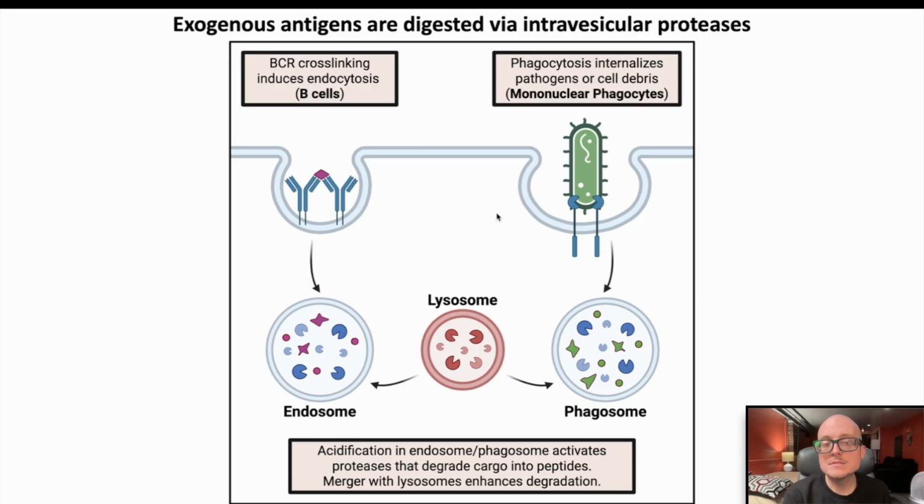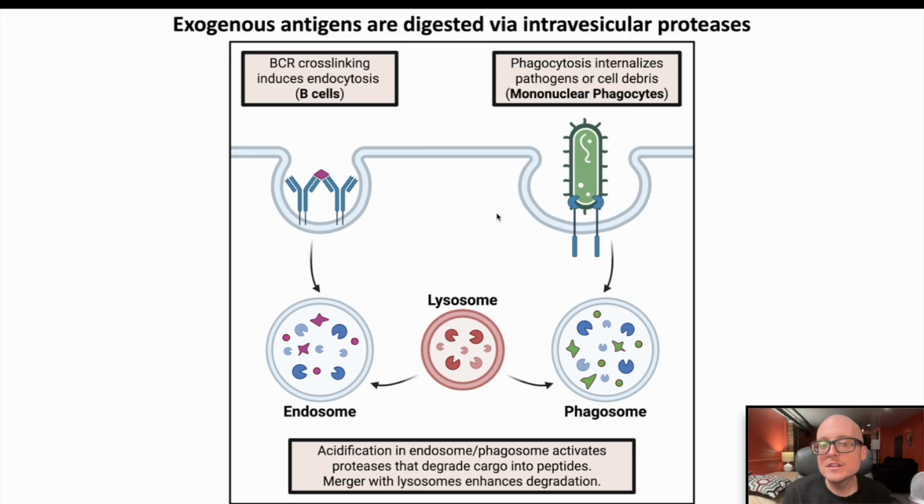When BCRs bind to their antigens, recall that BCR activation requires cross-linking, so you need some kind of polyvalent antigen that multiple BCRs can bind to simultaneously. When that occurs, we saw many downstream activation events that occurred. That was in another video.